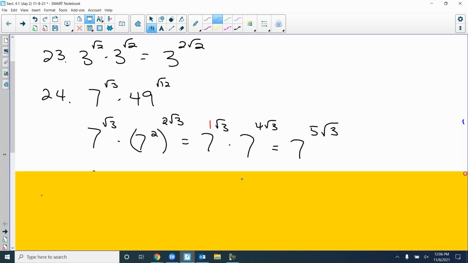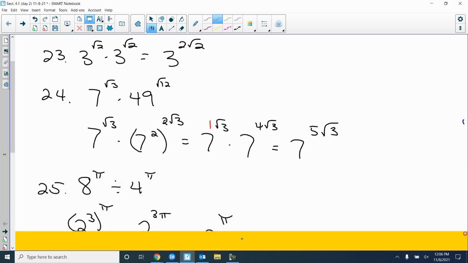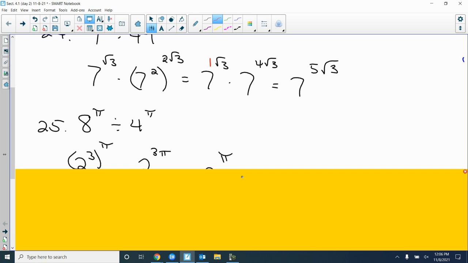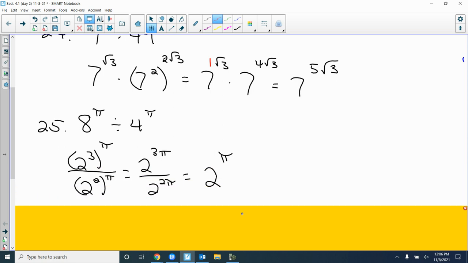For 25, now, some people ended up with this answer, but you got to be careful because you can't just say 8 divided by 4. In other situations, that won't work. So if it was something other than the same exponent, you just got to be careful.